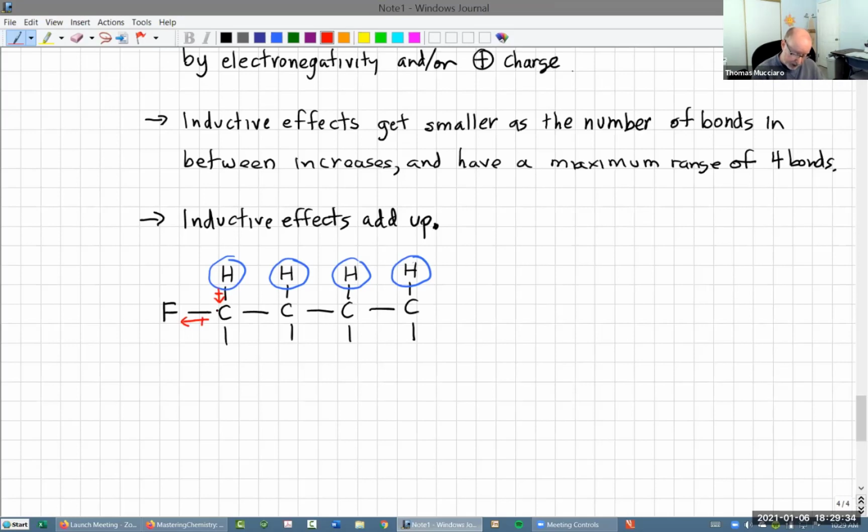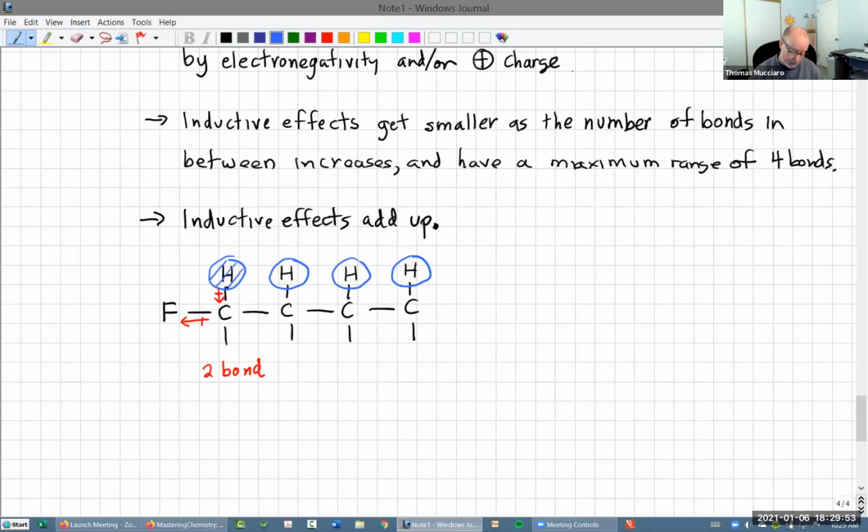Do you see that this one here is a two-bond effect? It goes through one bond and then a second bond. You follow me? This is going to be the strongest. This atom will have a very low electron density.